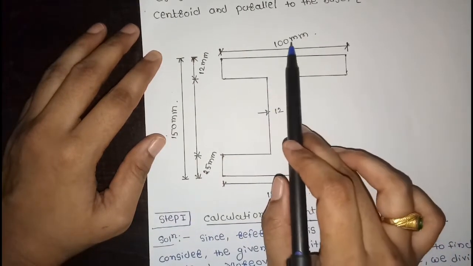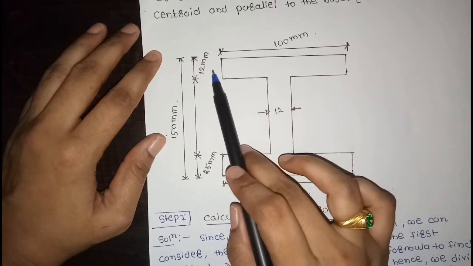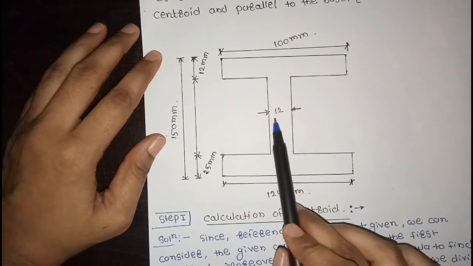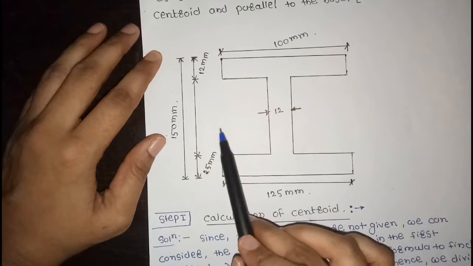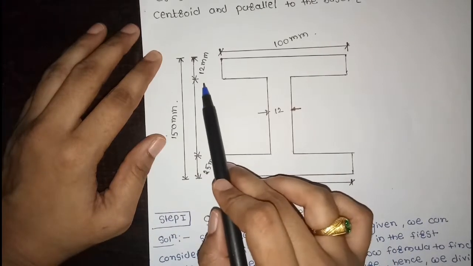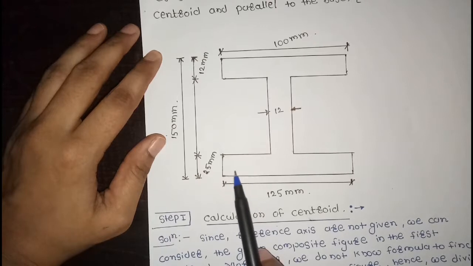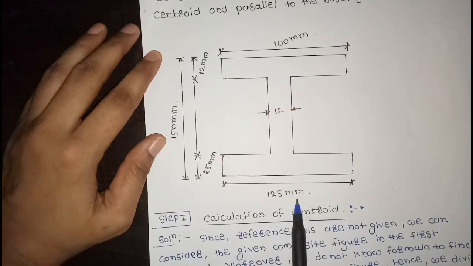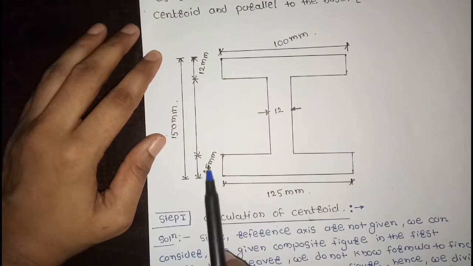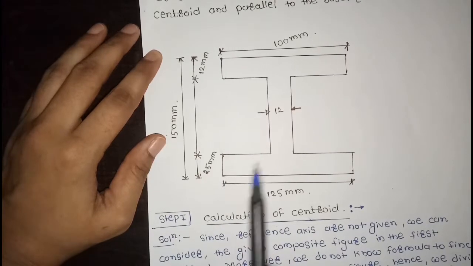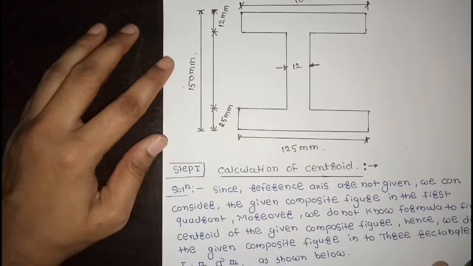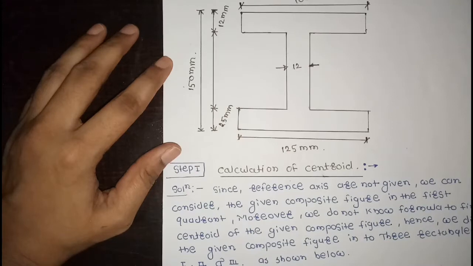The flange has B equal to 100 and D equal to 12, the web has B equal to 12 and depth equal to 112 mm, and the bottom section has B equal to 125 mm and D equal to 25 mm. So calculate the moment of inertia.